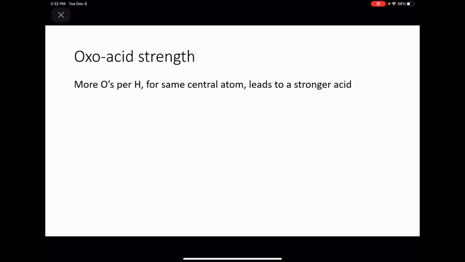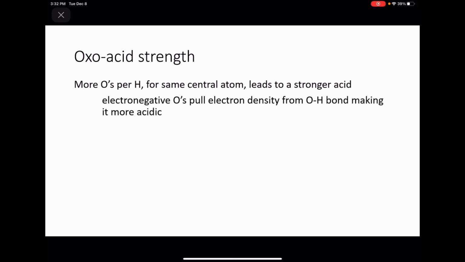So the more oxygens per hydrogen for the same central atom, you have a stronger acid. And the derivation is once again down to electronegativity. Oxygens tend to be pretty electronegative. If we put more of them around, say, a nitrogen or a sulfur, it's going to pull more electron density away to those oxygens, away from an oxygen-hydrogen bond, making it more acidic.